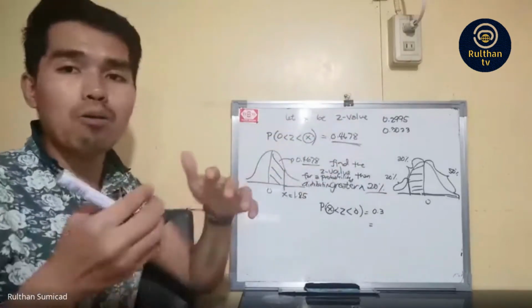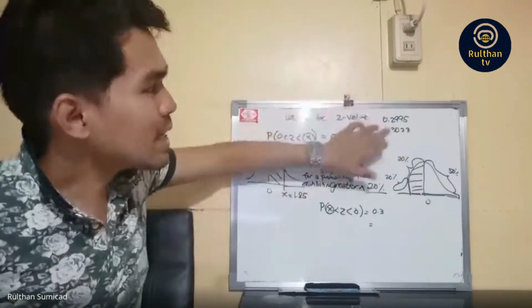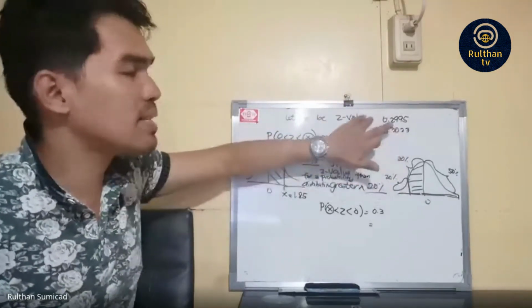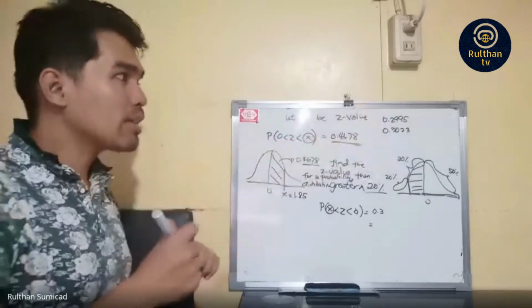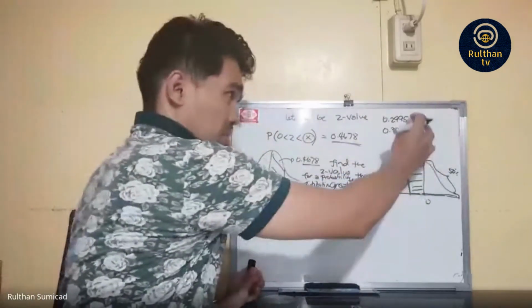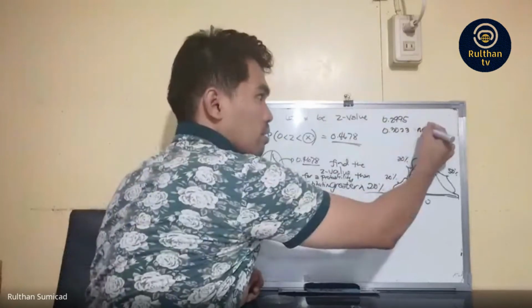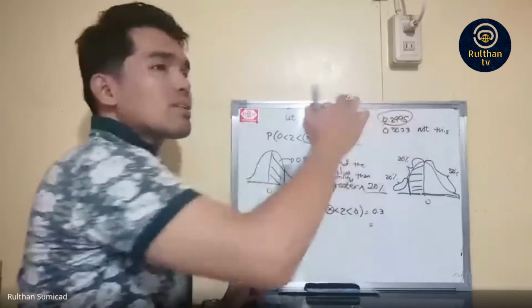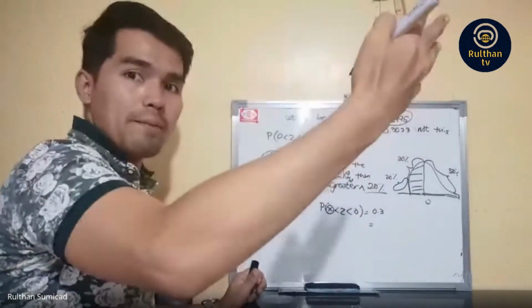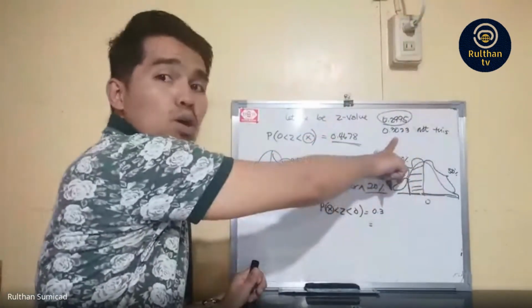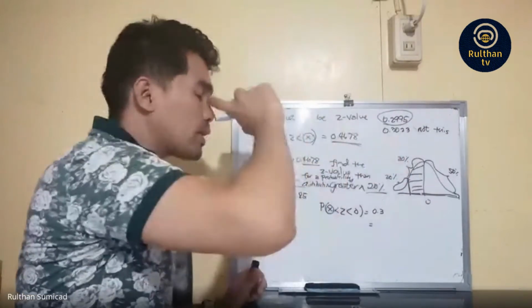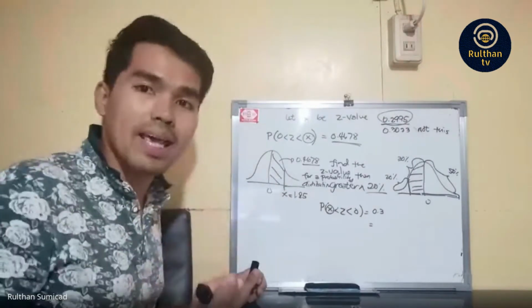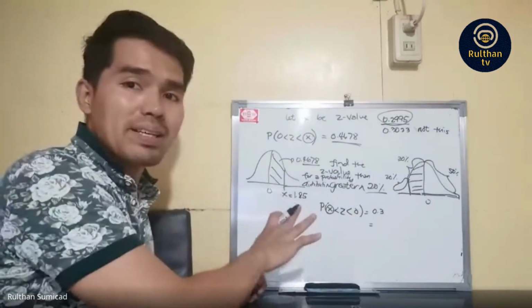Now, this is how we approach it. 0.2995 is closer to 0.3 but not yet 0.3, while 0.3023 is beyond 0.3. We're going to drop the one beyond, because basically that is more than 30%, and take the one that is before, 0.2995. That's always the case whenever we are provided with a percentage.